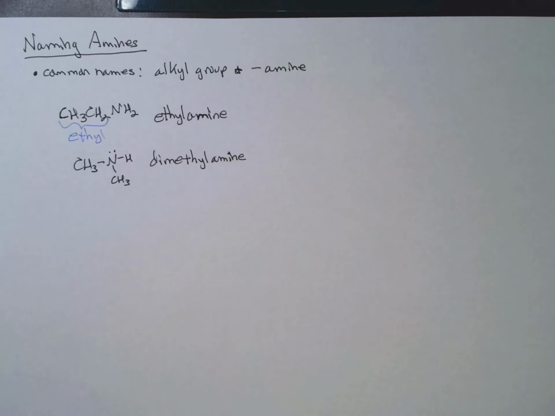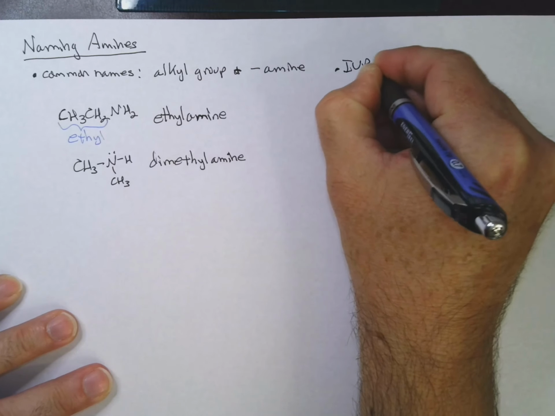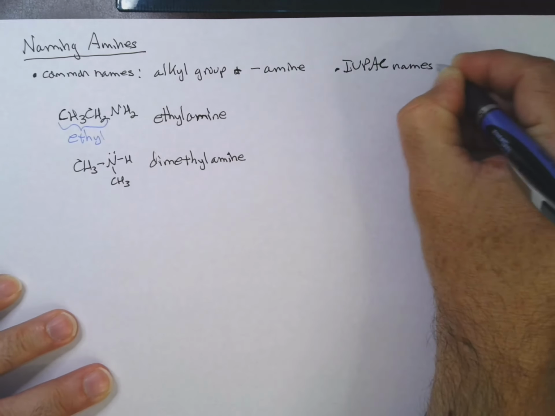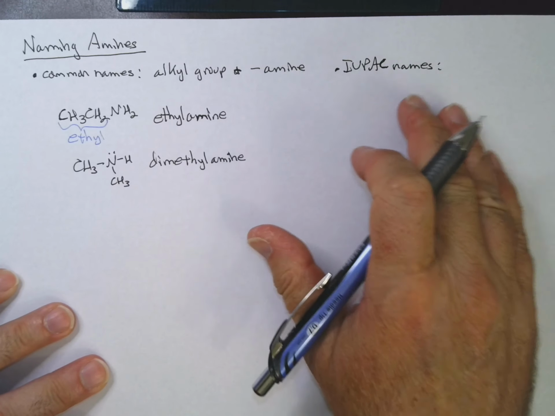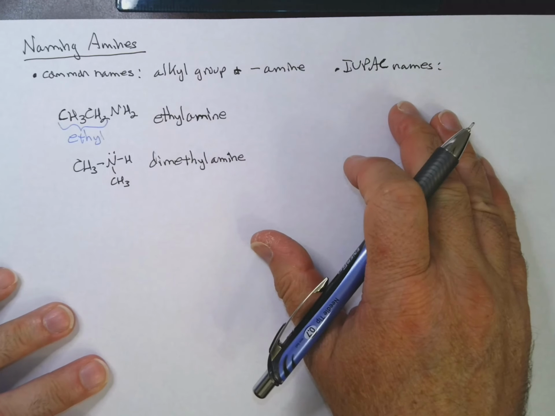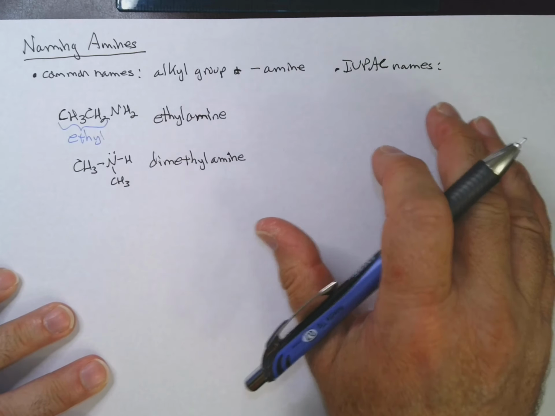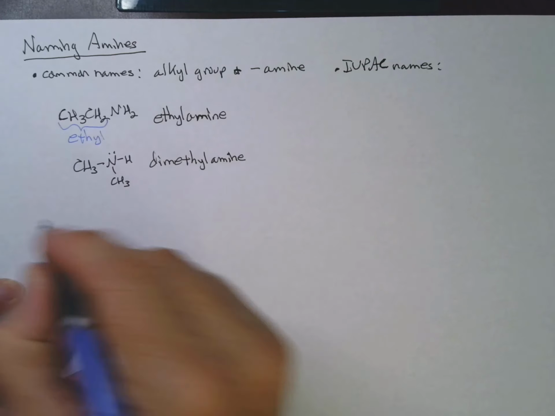Naming it with the IUPAC name, we're going to name it as the parent alkane, so the longest alkane chain that the amino group is attached to. Oh yeah, I should mention that an NH2 group is an amino group.